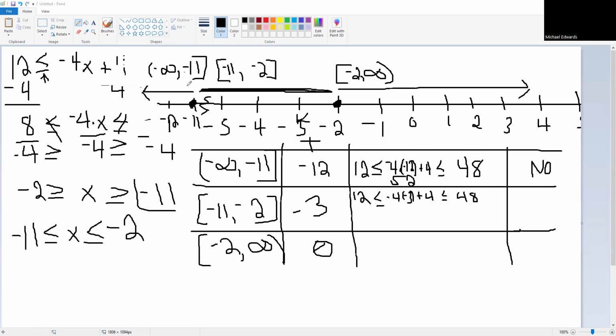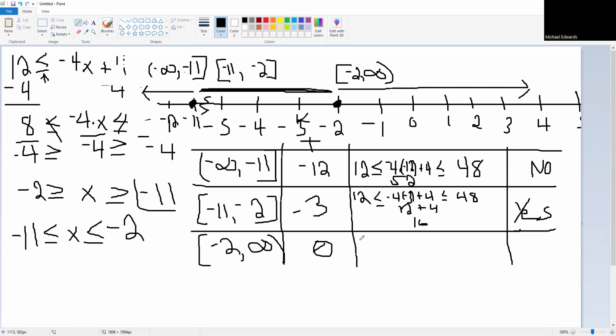So what's 4 times 3? All right, so it is 12. And we're adding 4 to it. And that is 16. Now, is 12 less than or equal to 16? Yes. Is 16 less than or equal to 48? Yes. So this is a solution.